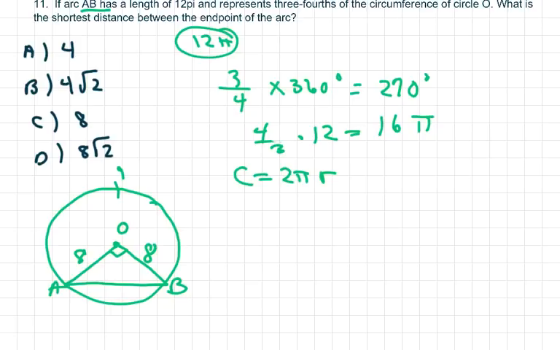This is going to be 8 square root of 2. That's the length of this, and that's the shortest distance of the endpoints of this arc. So really we're looking for the chord there. The answer is 8 square root of 2, which is D.